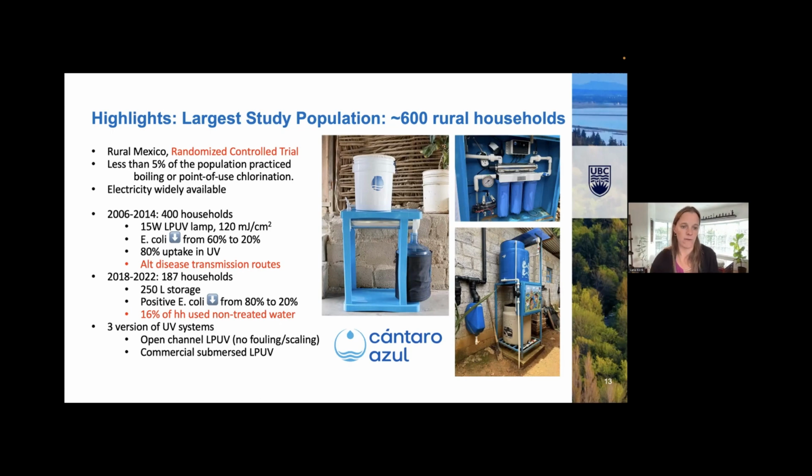And there were two different types of UV systems. Some had the UV that was submersed in water. And when you have that, there can be challenges with fouling or scaling of the UV lamps with organic or inorganic contaminants coating the quartz sleeves that cover the lamps. And so they also had the open channel system where the lamp was suspended above the water.